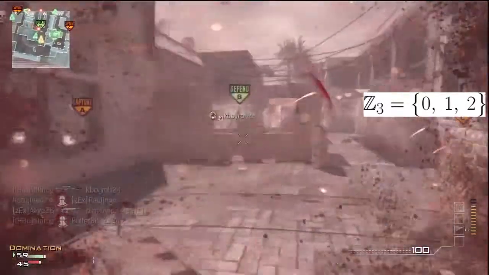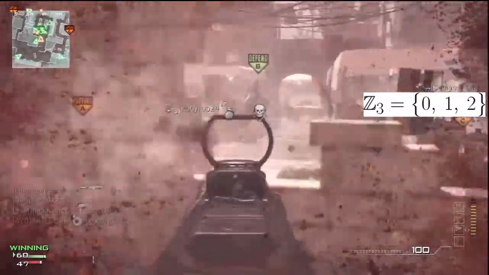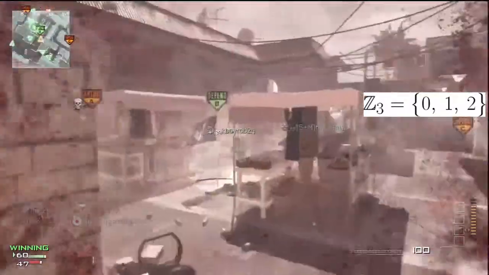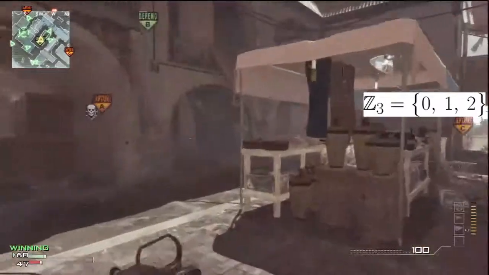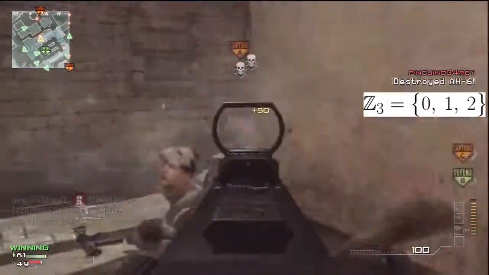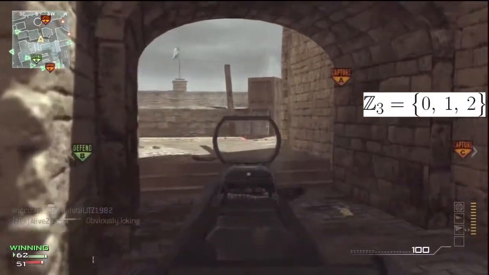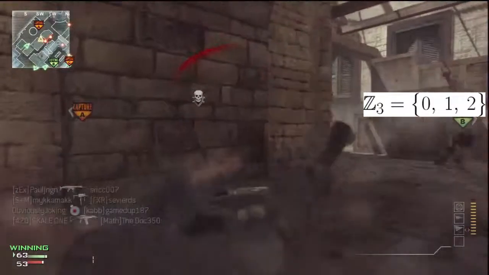So in this case, let's say you have 5, right? You start from 0, and you count 5 times, 1, 2, 3, 4, 5, and look at that, 5 is defined by 2 in Z3. So you can kind of see where this is going, why 2 plus 2 will not equal 4 in this case.